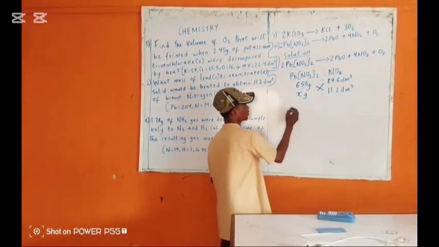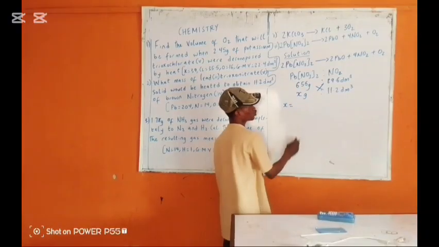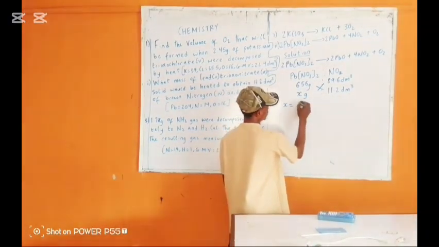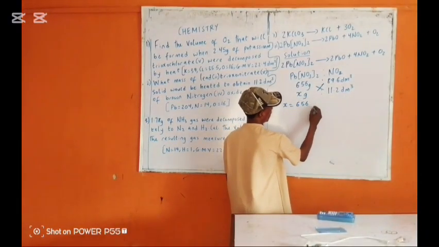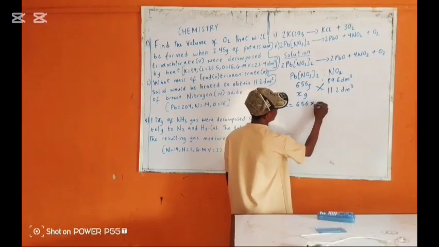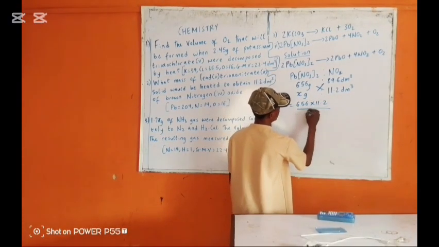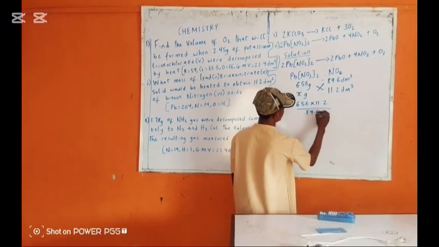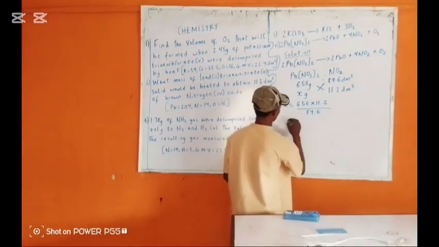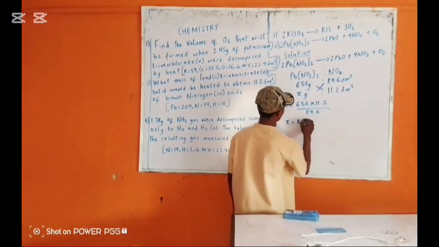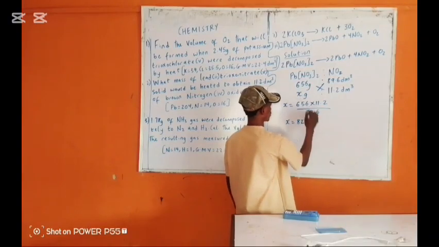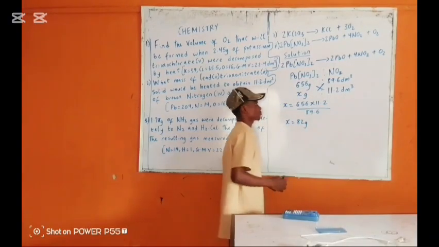So x equals 656 multiplied by 11.2 divided by 89.6, which equals 82 gram.